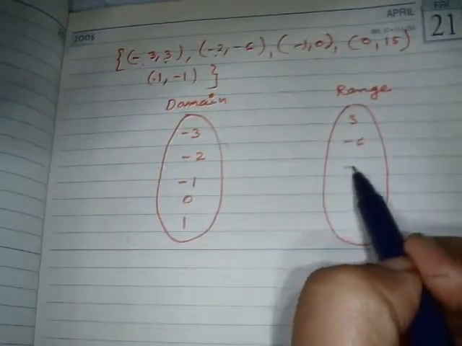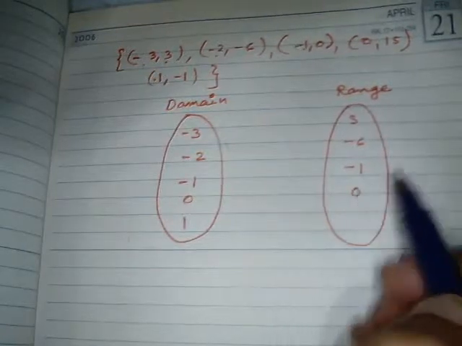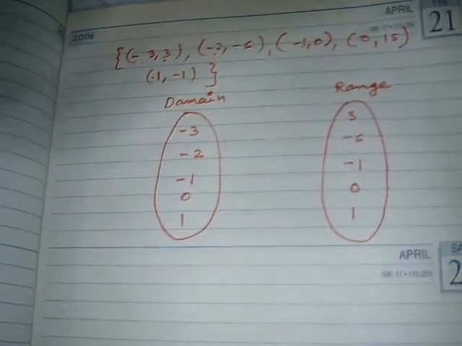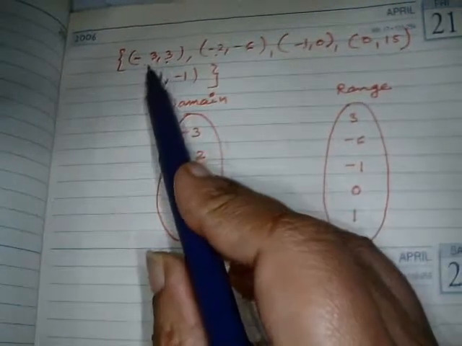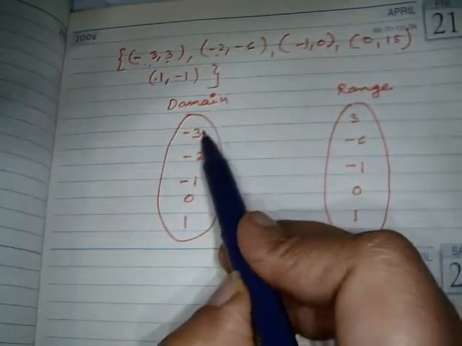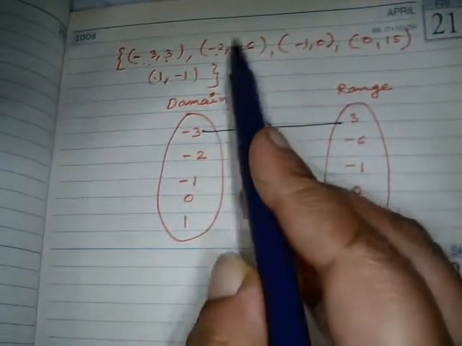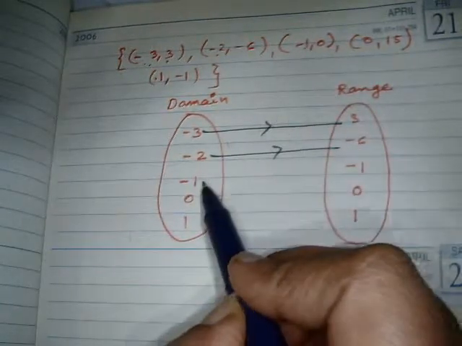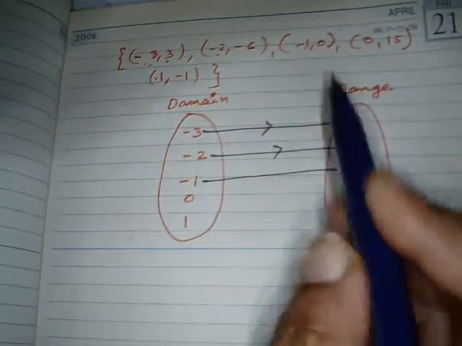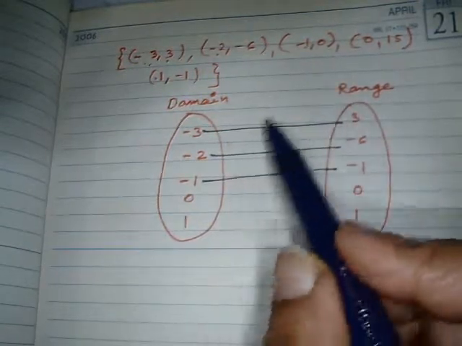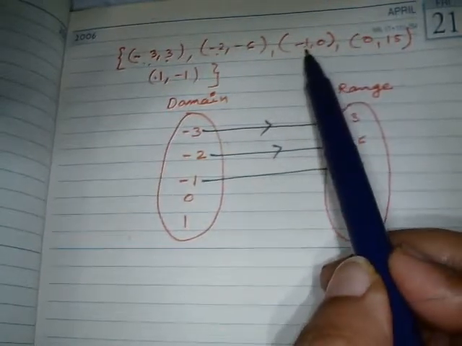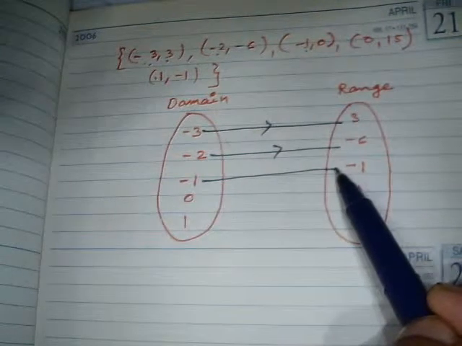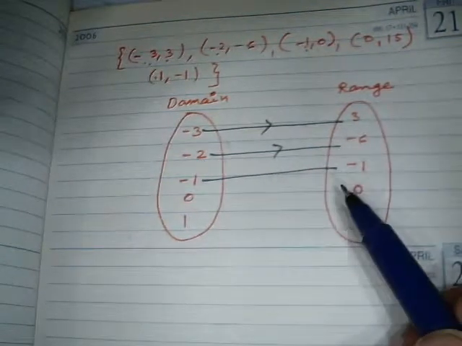Now I need to relate. Negative 3 is related with 3. Negative 2 is related with negative 6. Negative 1 is having 0.